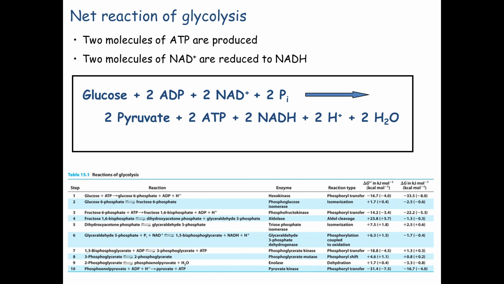It doesn't matter if it's positive or negative. Right? Same thing with step 2. It actually prefers to go forward slightly, but it's virtually reversible. Whereas step 1 only prefers to go forward, just like 3 and 10. Fortunately, none of these have very large positive delta G's, which would mean it can't do that. It only goes the other way.